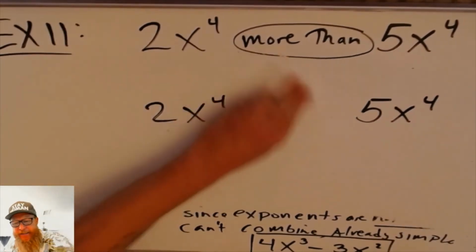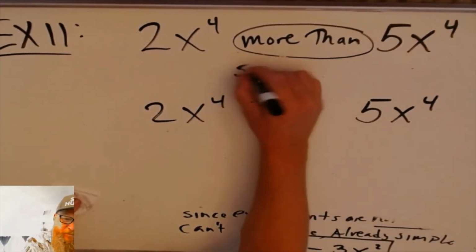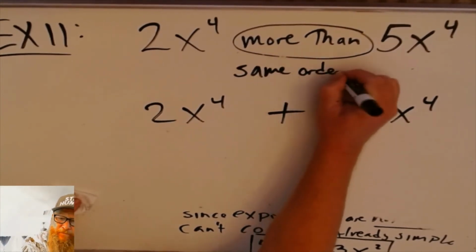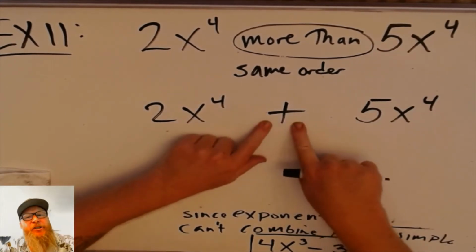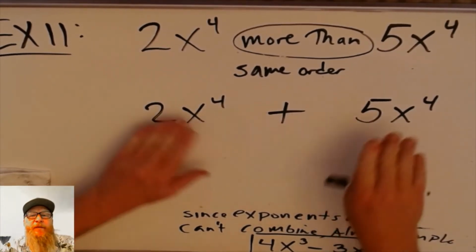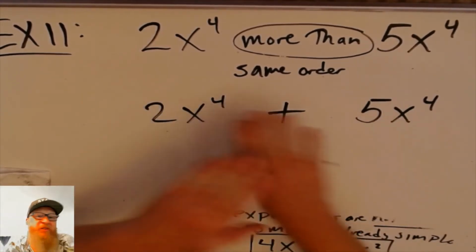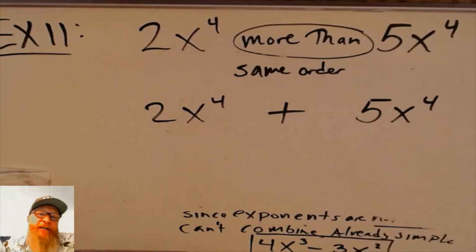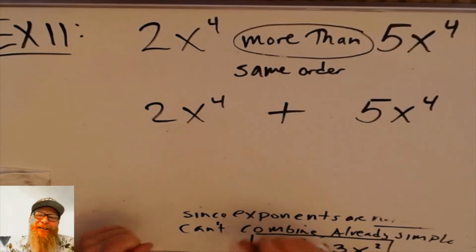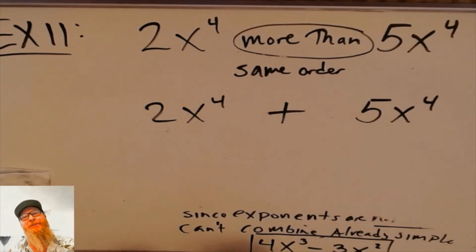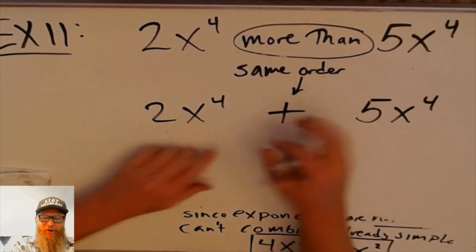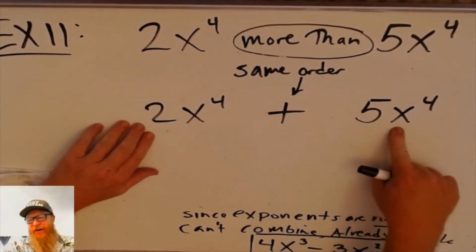Remember, addition is commutative, which means you can change the order if you want, but it's not going to change the answer. Less than is not commutative. With less than, you have to change the order, otherwise you'll get it wrong. So just keep it in the same order. 2x to the fourth plus 5x to the fourth.